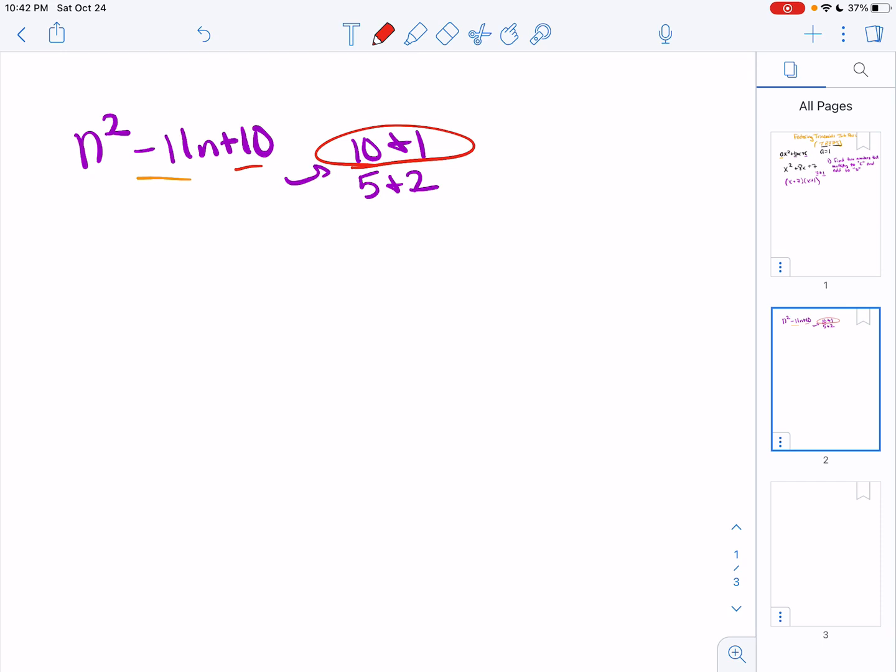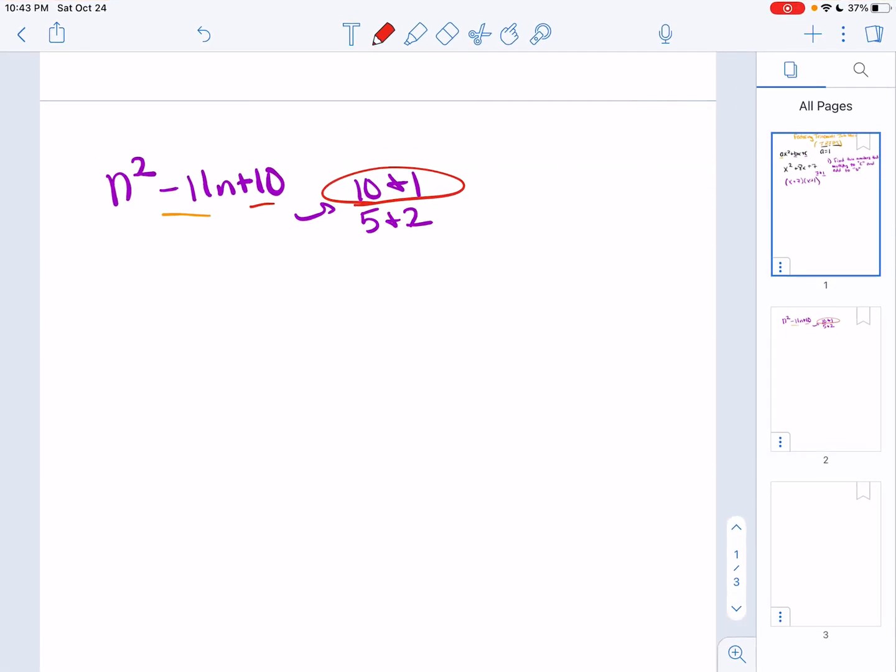In this case, we have to use the situation where they are both negative, because negative 10 times negative 1 is 10 positive, but we need to add to negative 11, and negative 10 plus negative 1 is negative 11. So, what we have is negative 10 and negative 1. We're just going to write our factors as n minus 10 and n minus 1. And it doesn't matter what the variable is.